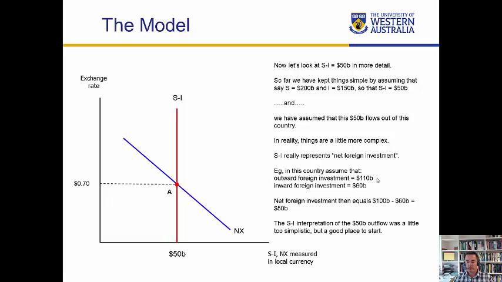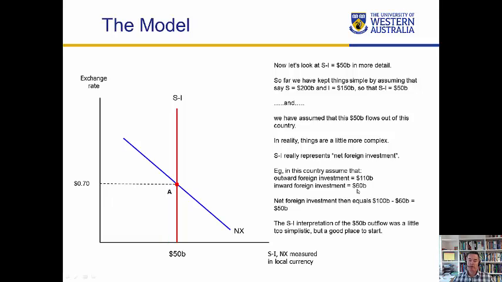So outward foreign investment means that $110 billion from this economy is being invested overseas. At the same time, foreigners are likely to want to invest in this country too. So I've assumed that inward foreign investment is $60 billion.